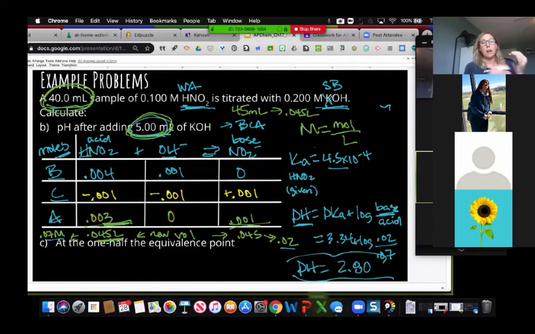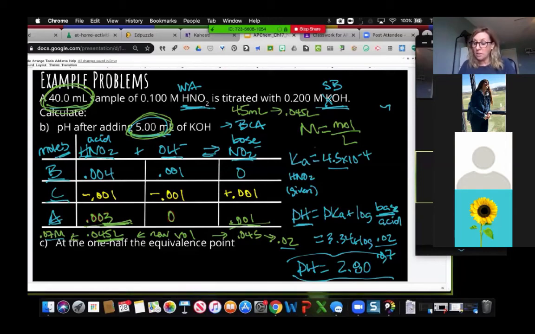Those are a little more involved than the strong acid, strong base, but the BCA table is always going to be the same setup. You set up your equation. If it's strong and strong, it's just going to be H plus plus OH minus to H2O. If it's weak and strong, it's going to be the weak acid plus OH minus, gives you the conjugate base, plus water, and the water you don't have to include. Everything always has to be changed to moles first, whether it's strong or weak.